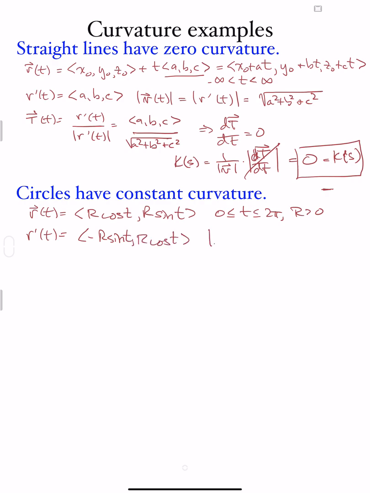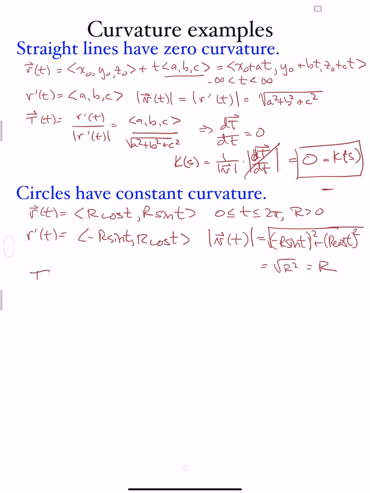Then when we compute our speed, we find that it is the square root of quantity minus r sine t squared plus quantity r cosine t squared. Of course, sine squared plus cosine squared is 1, and we end up with the square root of r squared, which equals r. So the speed there is r.